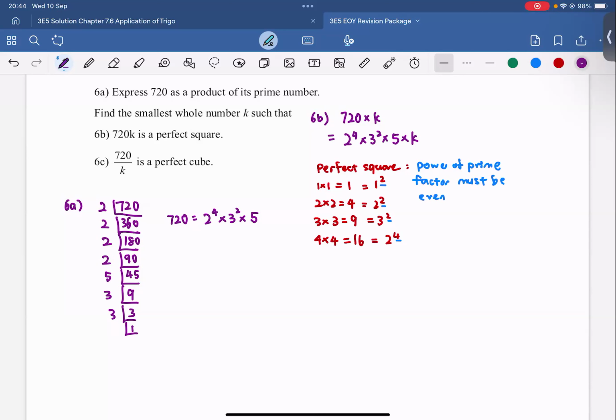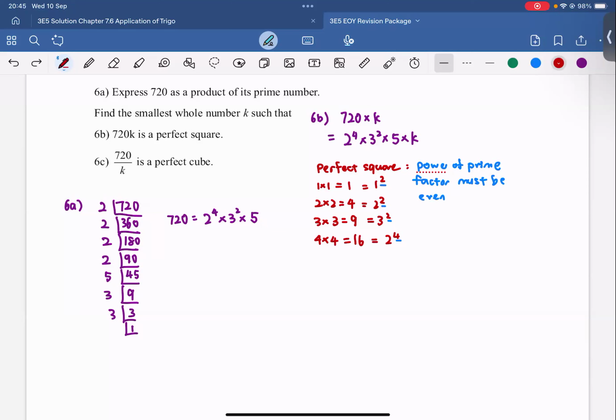So you can see from the top, 720, the power is all even. This is even, but this is not even. Correct? So this tells us that 720 is not a perfect square. However, the question gives you the power to choose k such that when 720 multiplied by this k, it will then become a perfect square.